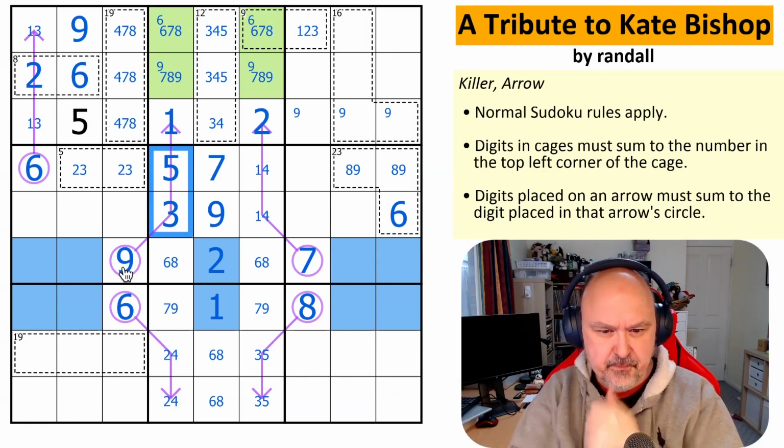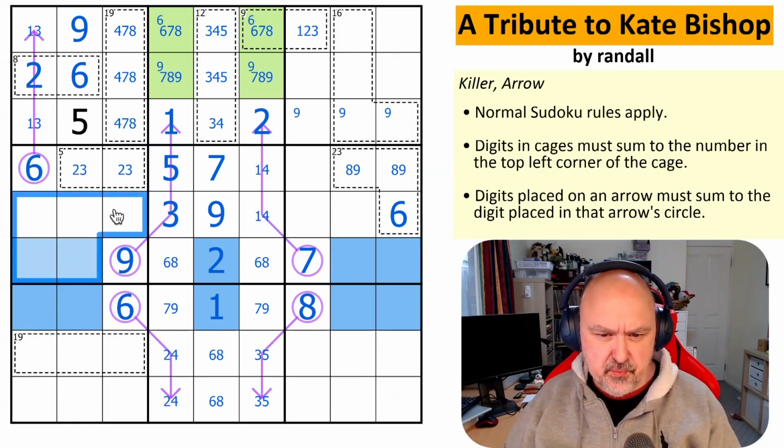So this is a quintuple, but that's not something. 1 has to go in there. 2, 3, 4 is in there. 5, 7, 8. It's wide open.